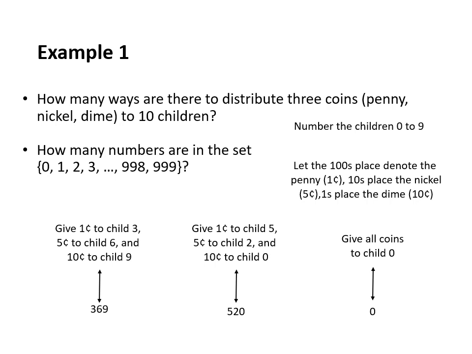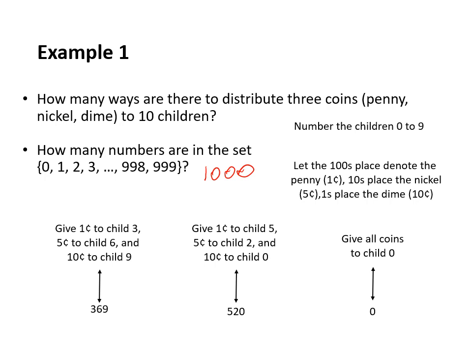Here is another example. How many ways are there to distribute 3 coins, penny, nickel, and dime, to 10 children? So let's number the children from 0 to 9, and then ask ourselves how many numbers there are in the set of numbers from 0 to 999. So there are 1,000 such numbers. So this is clearly easy to count, and as it turns out, these 2 are equivalent.